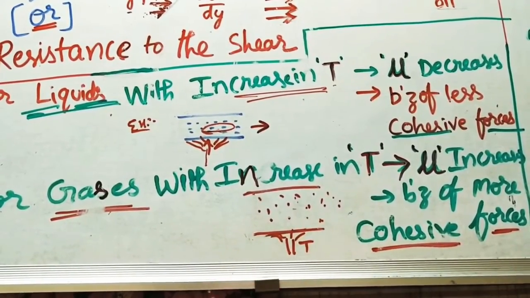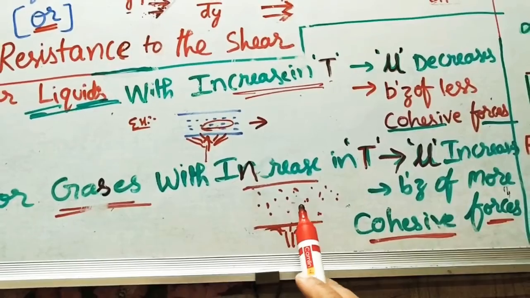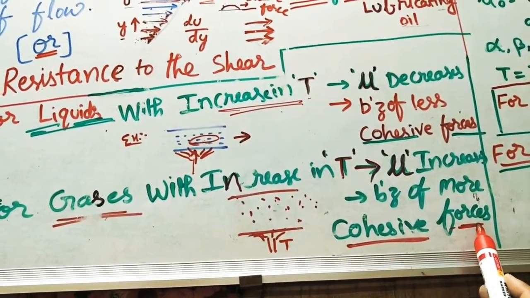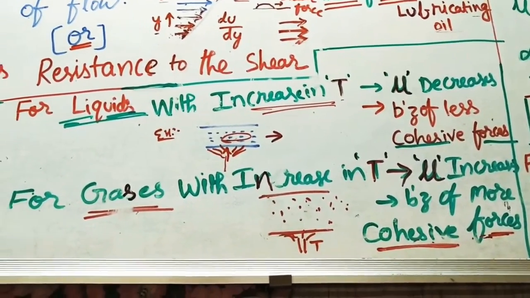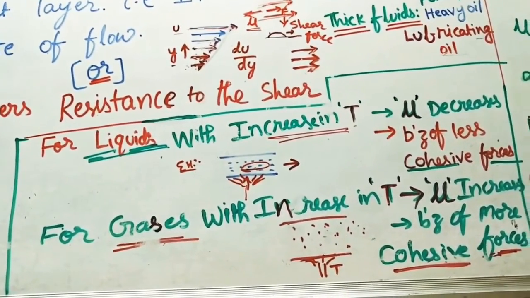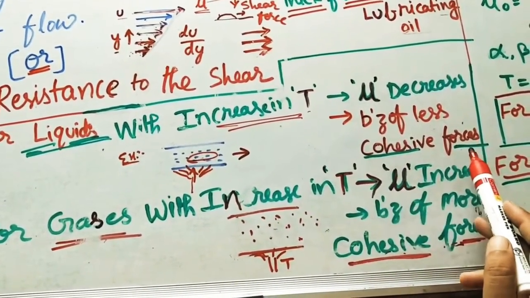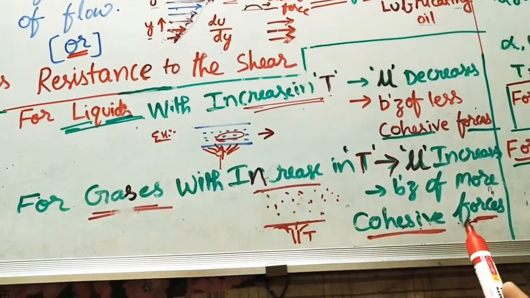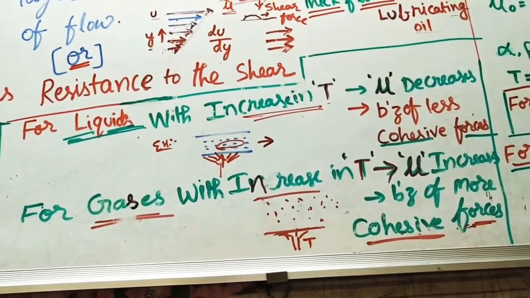After getting more energy, because of that collision, they will come close to each other, and then the cohesive forces will increase. Cohesive forces are more, because of it viscosity will be more. So this is the phenomenon in both liquids and gases. In liquids, with increase in temperature, cohesive forces will be less, because of it viscosity decreases. For gases it is the reverse case: with increase in T, there is increase in viscosity.